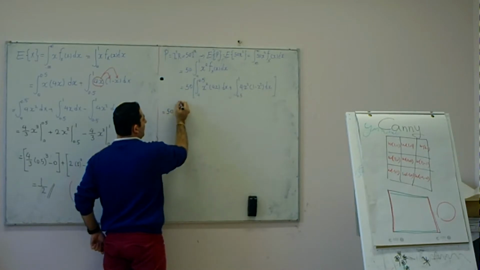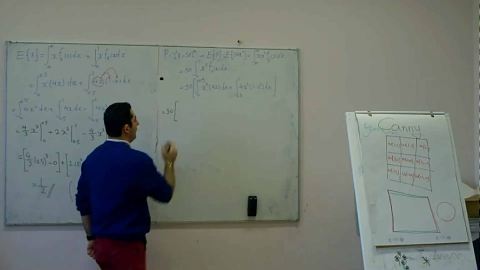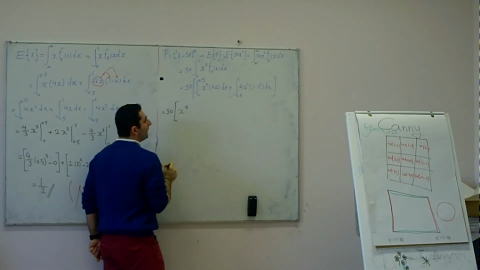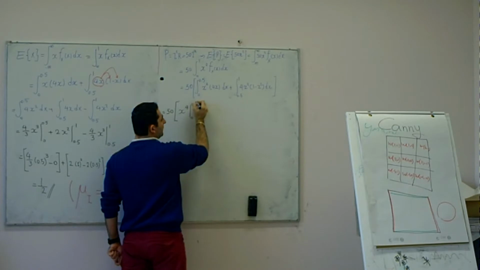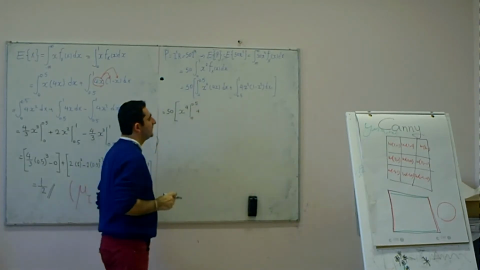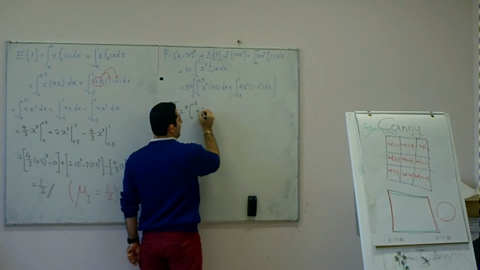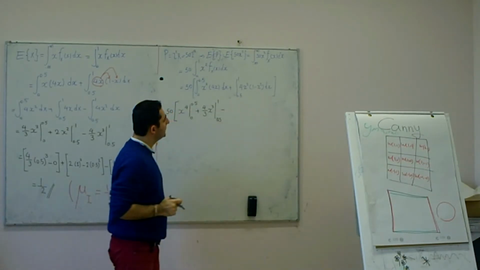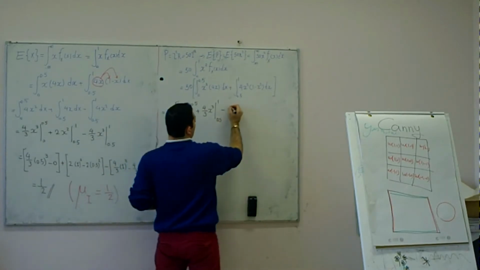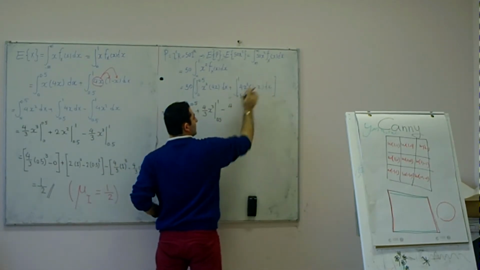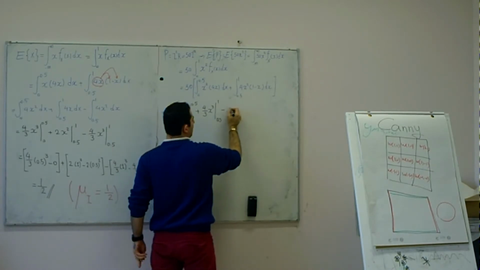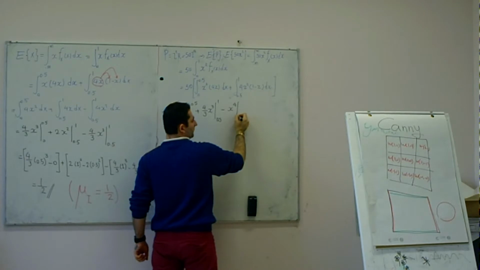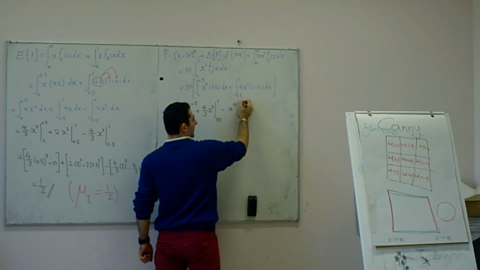Which is 50 x to the power 4 from 0 to 0.5 plus 4 over 3 x cubed from 0.5 to 1 minus x to the power 4 from 0.5 to 1.